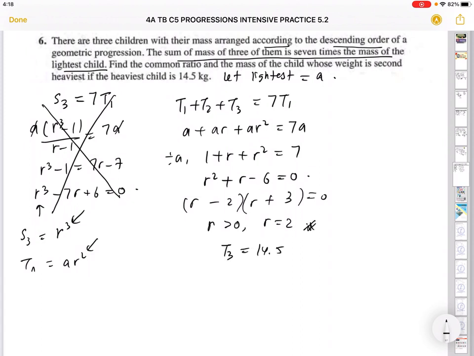Normally, to find T3 from T2, I multiply by R. T1 is A, T2 is AR, T3 is AR squared. But here it's the reverse. We take 14.5 and divide by R, which is 2, and you get 7.25 kg. So the second heaviest is 7.25 kg, and we are done.